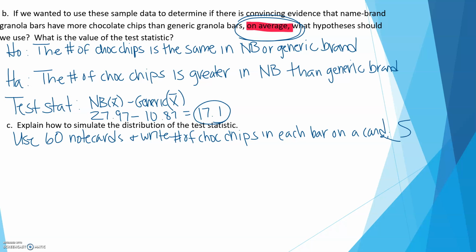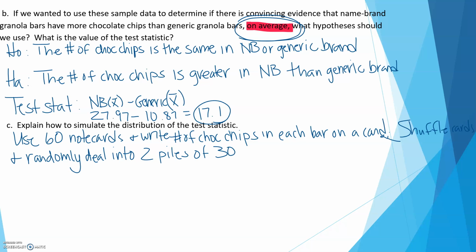Okay, shuffle all the cards together. And randomly deal into 2 piles of, guess how many each? How many do you think? How many? 30.